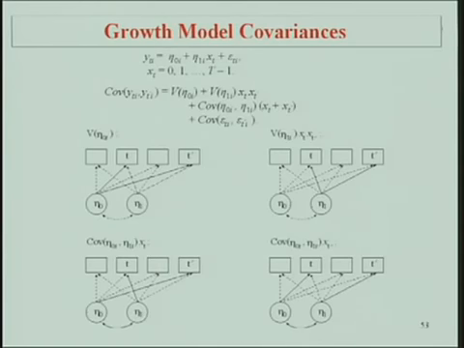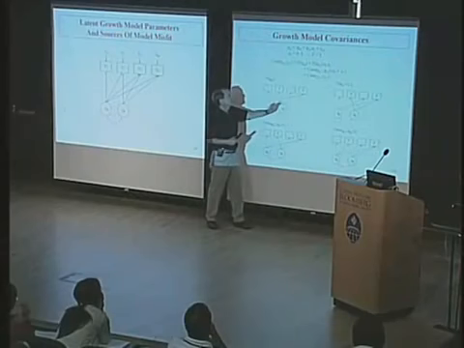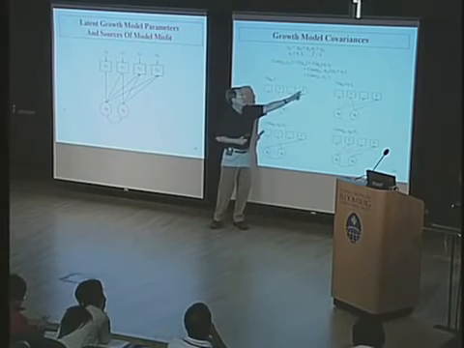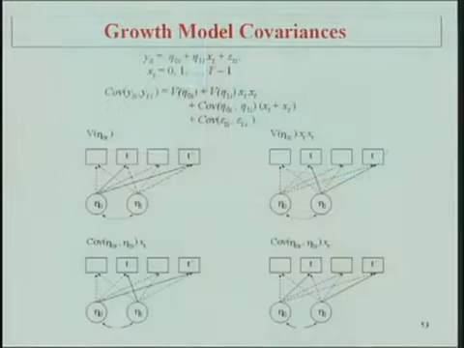So it shows how the covariances between two y's, here yt and yt prime, where t is one time point and t prime is another time point, and how that covariance is determined by the model parameters, the variance of the intercept and the slope and the covariance.